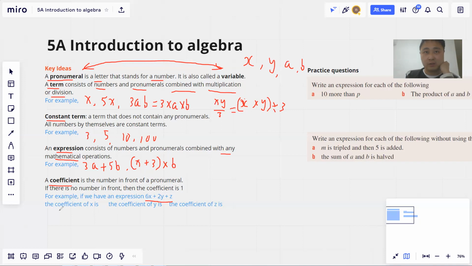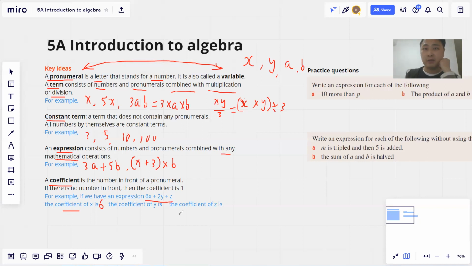We want to find the coefficient of x. So we just look at the number before x. This one is 6. So we write 6 as the coefficient of x because 6 is the number before x.